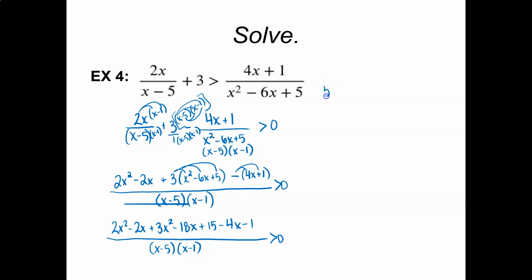So we're going to have 5x squared minus 24x plus 14. Look at that, factors. x minus 5, x minus 1, and 0. Oh, please tell me it factors.